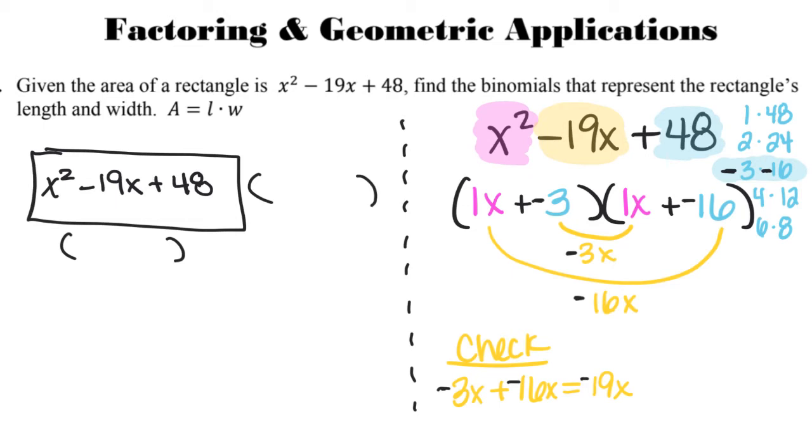So it looks like my first binomial, and I'll use this for the length, I have this 1x plus a negative 3, or I can just write that as an x minus 3. And then the second binomial is going to be 1x plus a negative 16, or x minus 16. Okay, so those are the two dimensions for our answer.